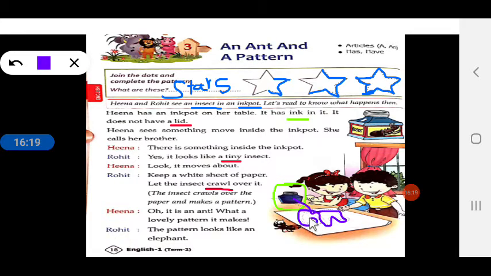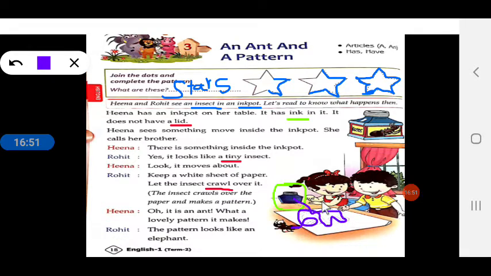So the insect travels over the paper and makes one pattern. It makes a pattern. How? The ant also has ink on its legs. So how does it work? The pattern will display on this white sheet paper.